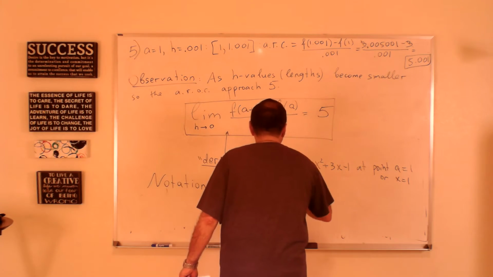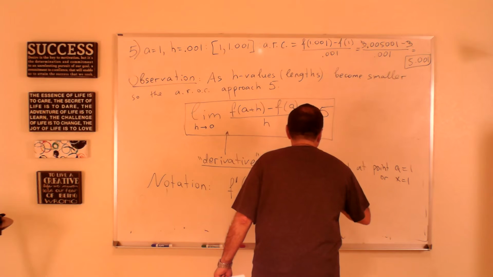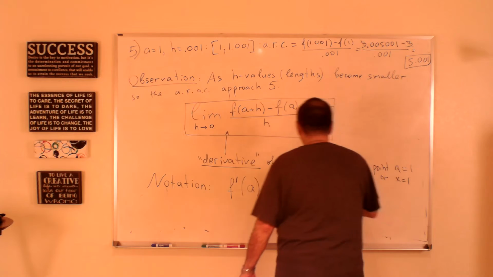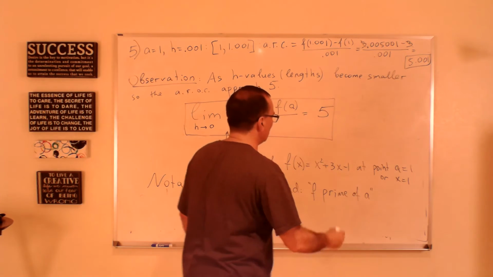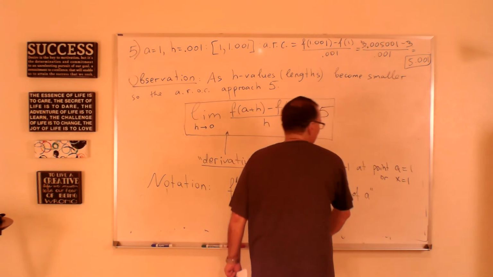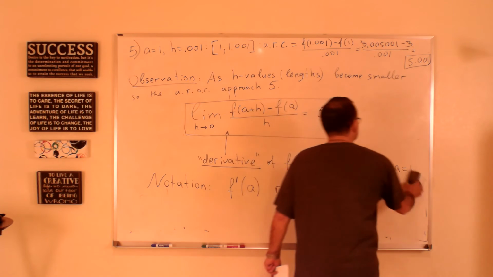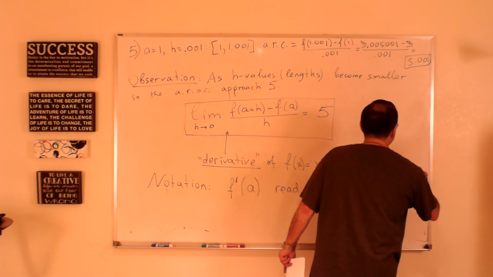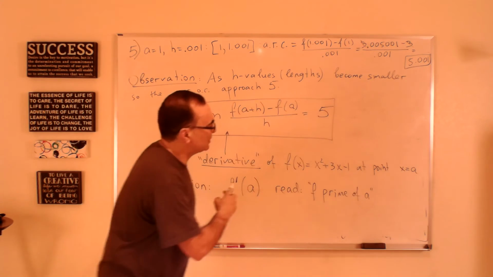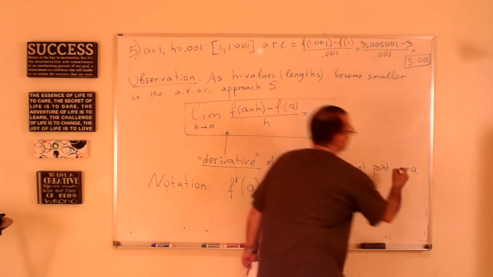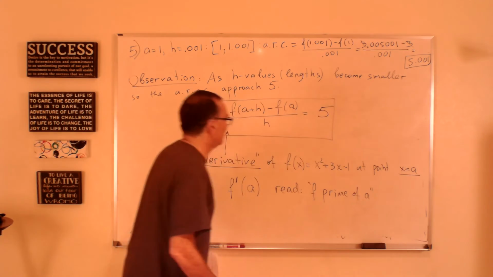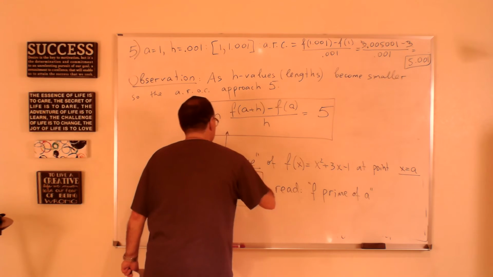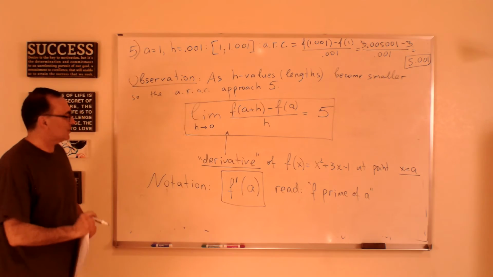We read this notation f prime of a. And a doesn't have to be 1. It could be any a, so maybe more precisely to say that it is the derivative at point x equals a. In our example, a was equal to 1, but in a different example it could be any other point. So this is one of several common notations.